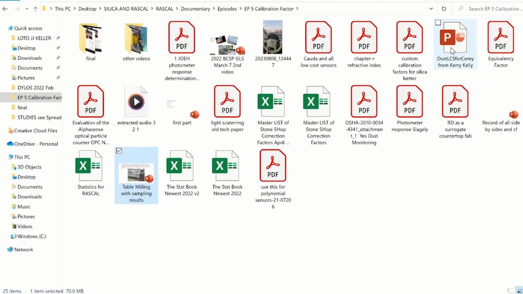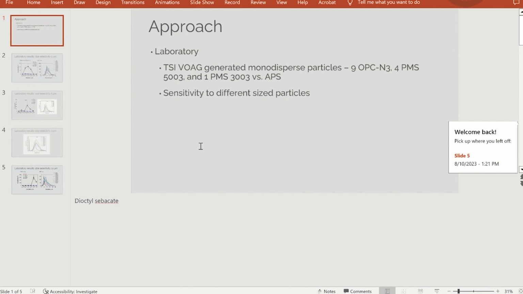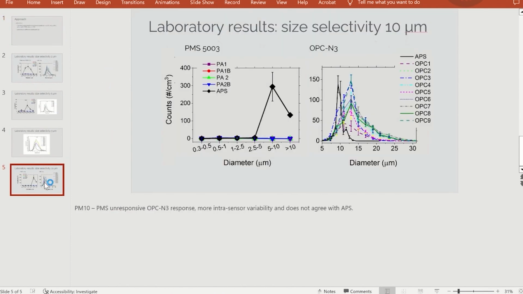All right, I wanted to show you one more thing here, and this is why it's not perfect. This would be a good example of why you can't get a perfect reading. Here's the Alphasense, being compared to a reference, this APS instrument. You create an environment of 10 micrometer diameter round balls, a consistent reference environment.